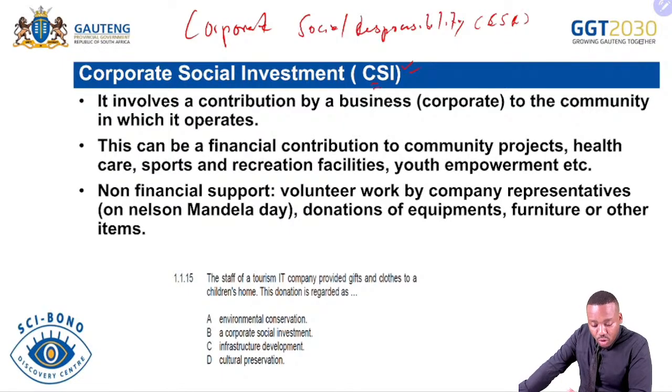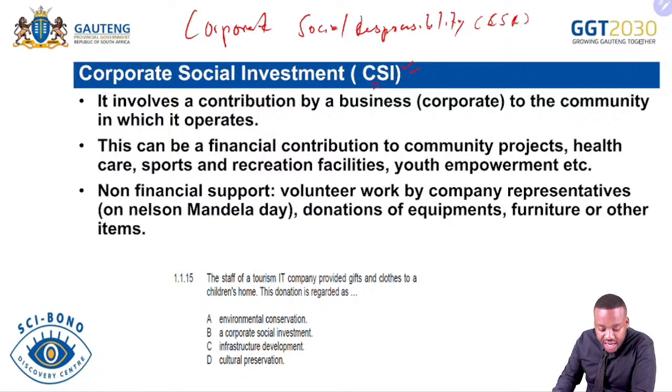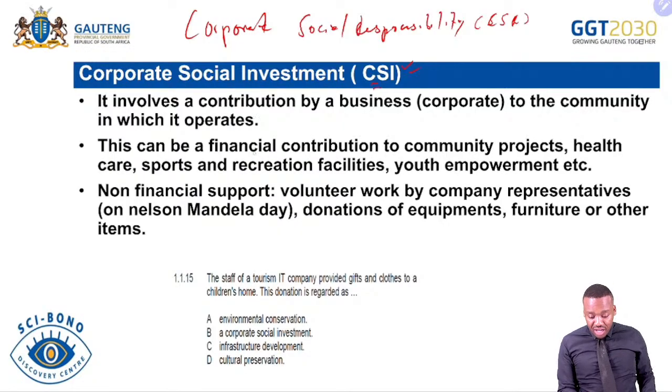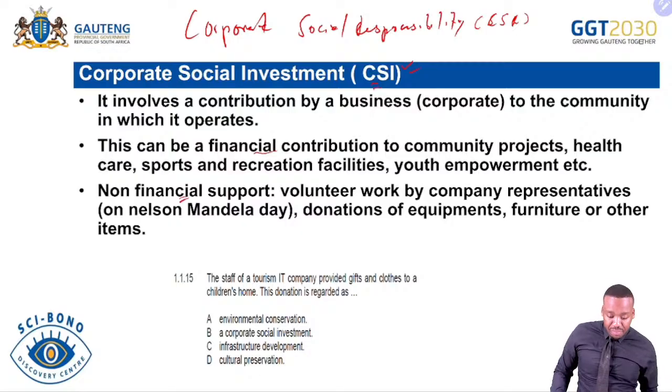It involves a contribution by a tourism business to the community in which it operates. So the tourism business has to play a certain role in the community where it is located. The contribution can be either financial or non-financial support, but the tourism business has to practice corporate social investment.